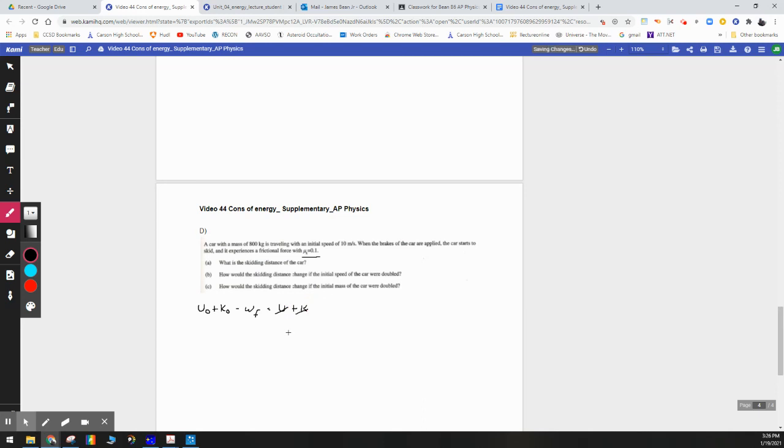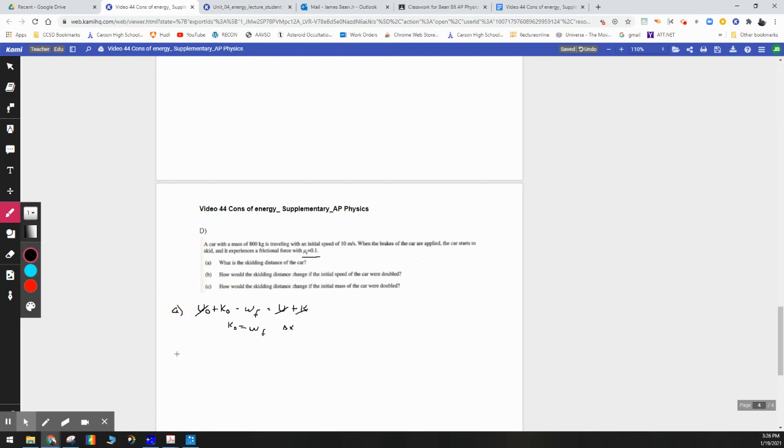It has initial kinetic energy but no potential energy. So the initial kinetic energy is going to equal the work done by friction. From here we can solve for the skidding distance, which is delta x.